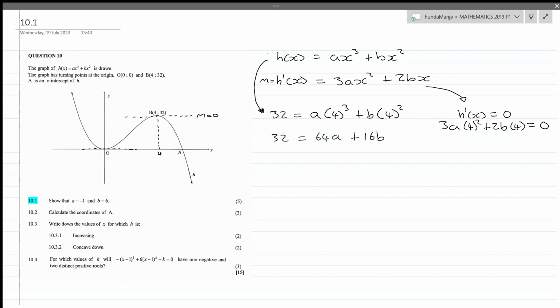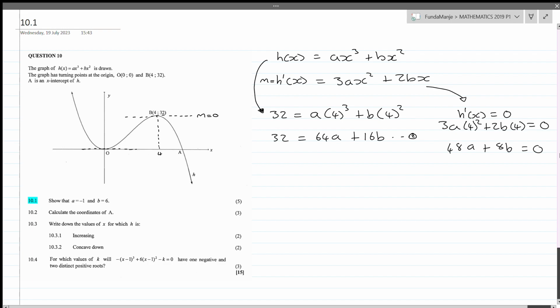Then I can simplify this equation. It will give me 48a plus 8b, which will be equal to 0. Now I have two equations that I can use. This is equation 2, then we can name this equation 1.